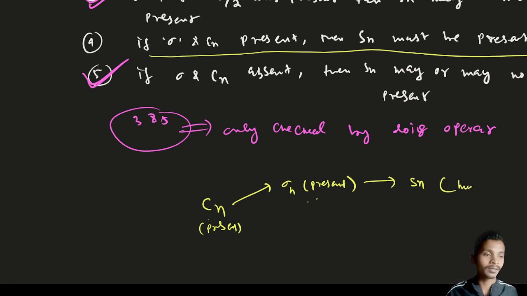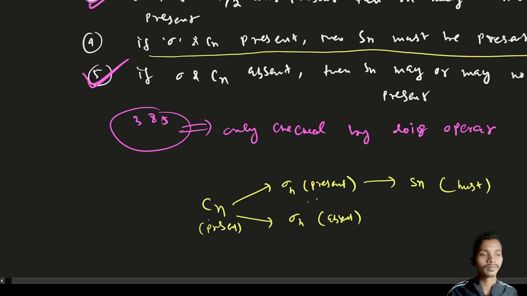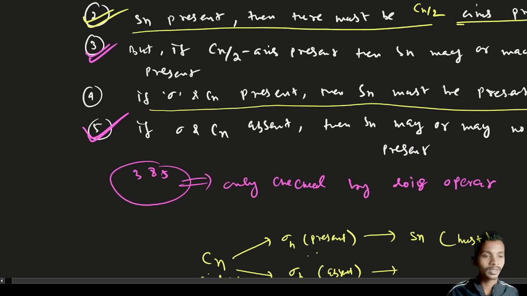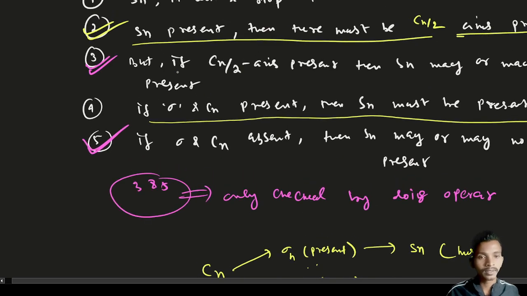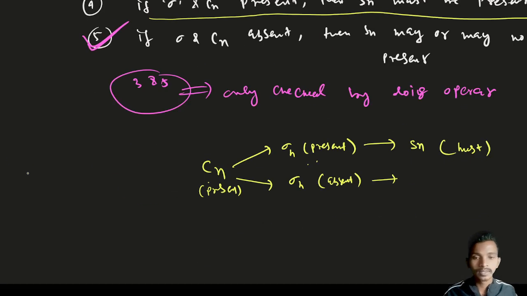Okay, now if sigma h is absent, then what happens? Here we can do one thing: if a Cn/2 axis is present, then Sn may or may not be present.